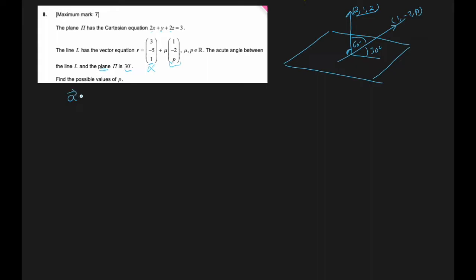We know that A dot B is the magnitude of A, magnitude of B, cos of the angle between them.